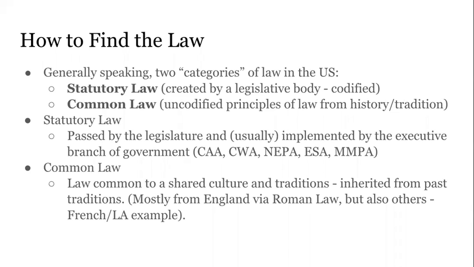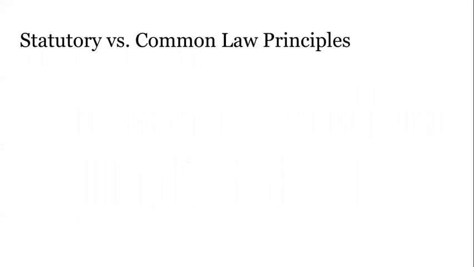So those are the major areas if we're talking about categories of law in the United States. And I use categories in parentheses because we're just using that as a way to talk about two categorical differences based on legislative formalization of policy versus non-legislative formalization of policy, non-formal policy, statutory versus common law.